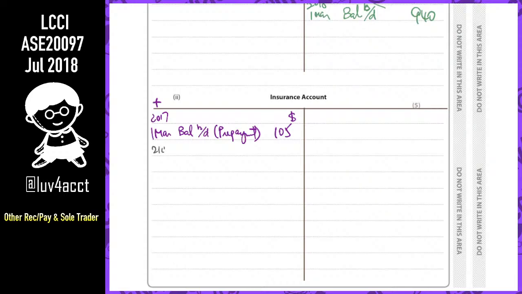Year 2018, 28th of February, we have payment in total. Then we have the transfer to the statement of profit or loss, and then the closing balance.